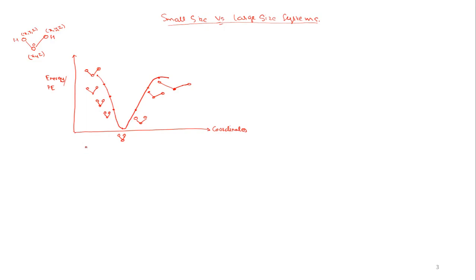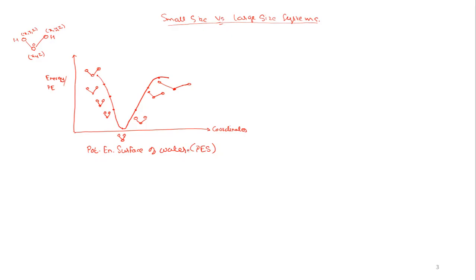So what we have drawn, we can call the potential energy surface of the water molecule, or we can simply call it the potential energy surface, PES. So PES in further discussion would correspond to the potential energy surface, right? In this way you can obtain this potential energy surface.